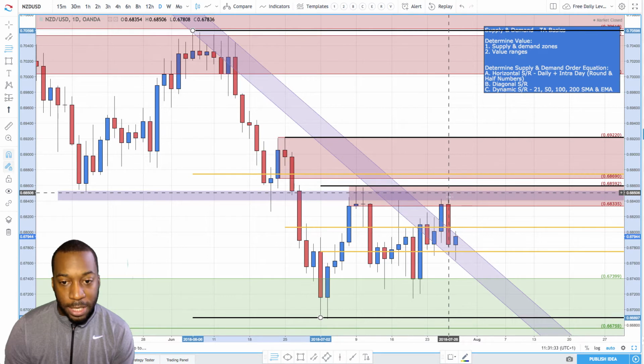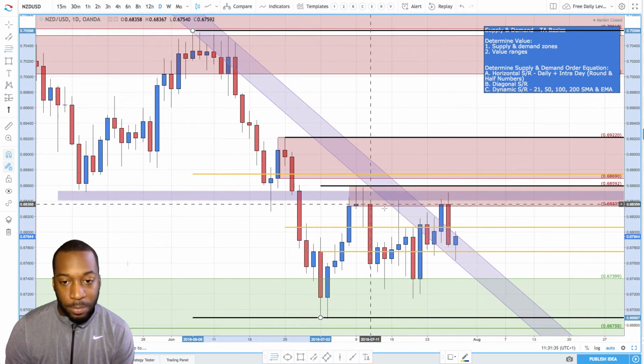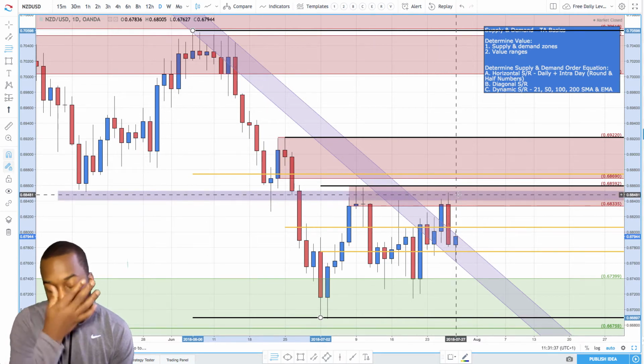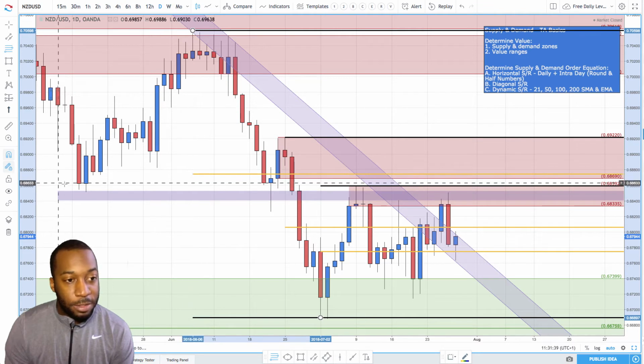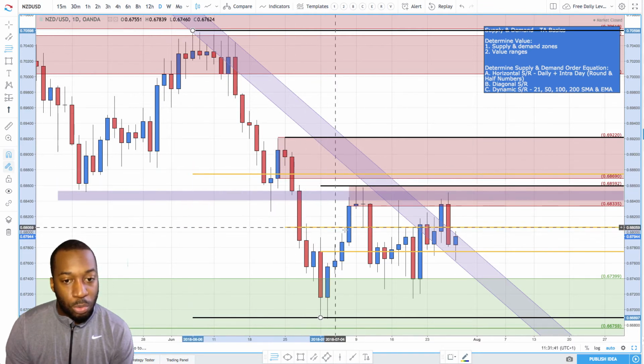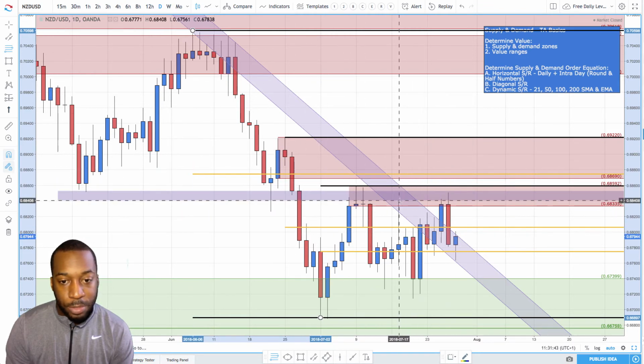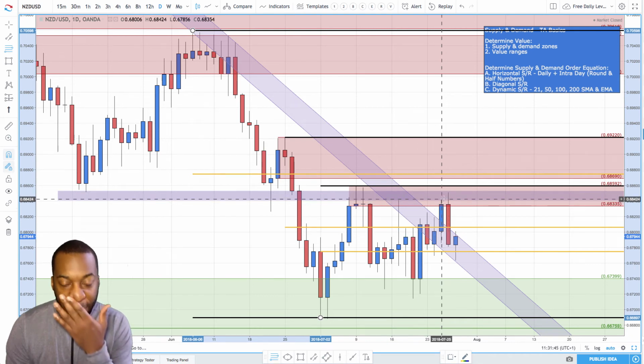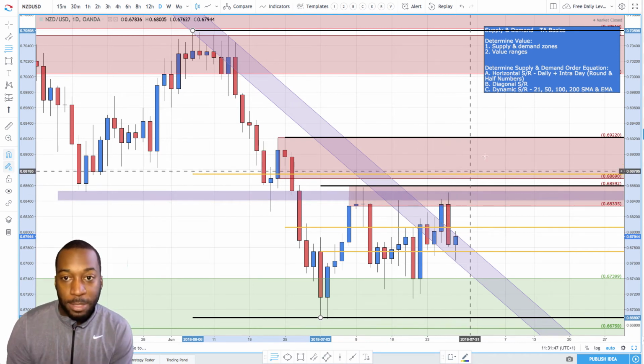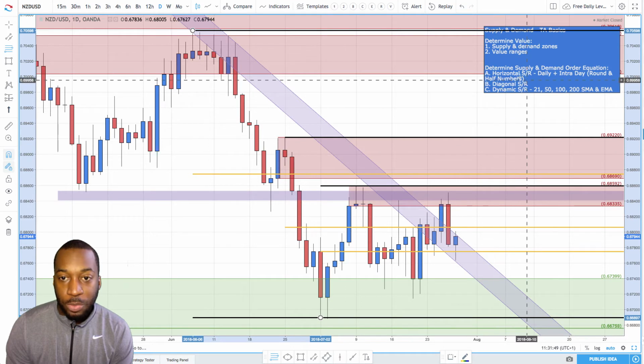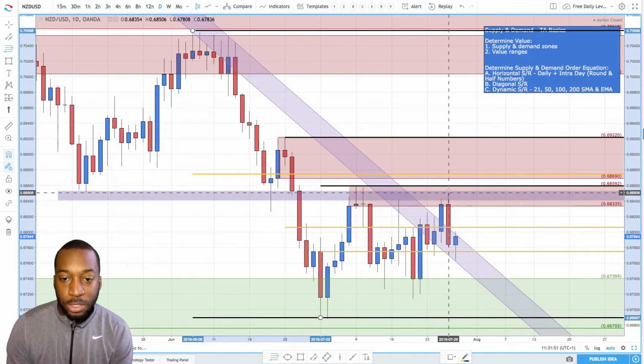Coming back up into here was where I was looking to get short, which I did. So we have support, resistance, a bit of resistance here, and then prices come back up into here as well. So we have some horizontal support and resistance, confluence with this supply and demand zone.